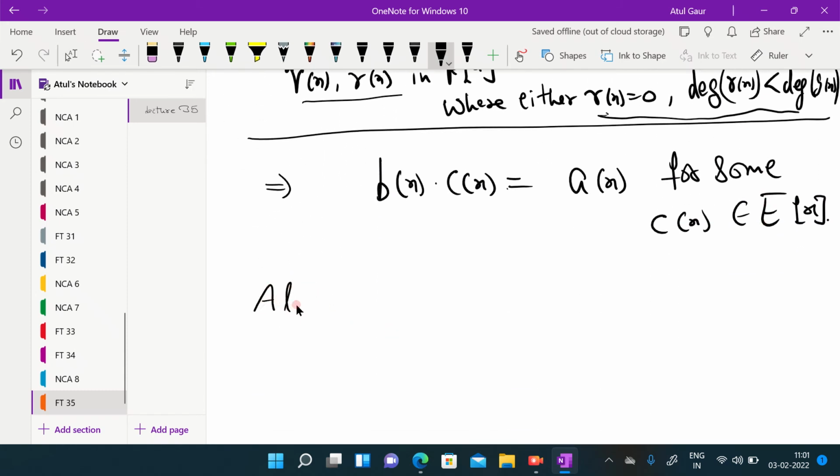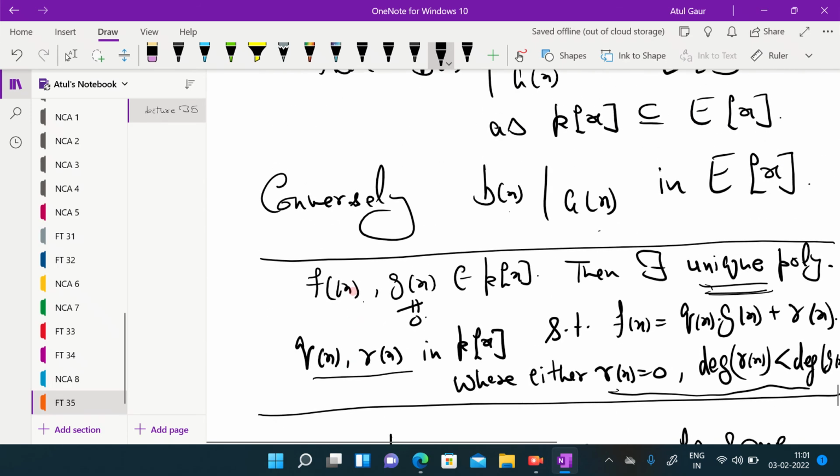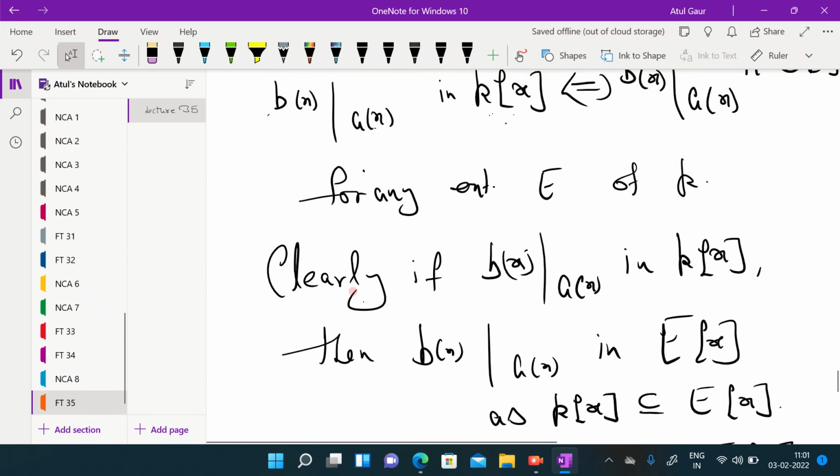So also there exist q(x), r(x) in K[x] such that... अच्छा b(x) divide कर रहा है, so I can assume कि b(x) safely non-zero है.